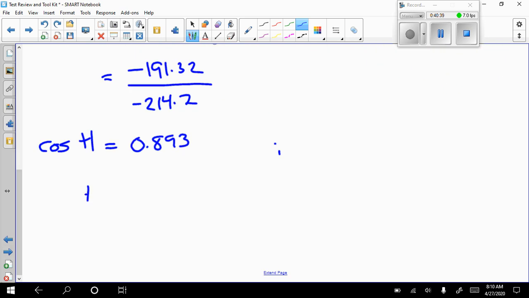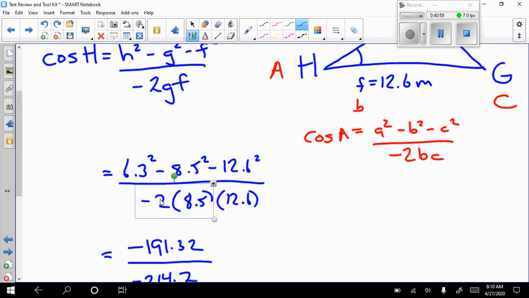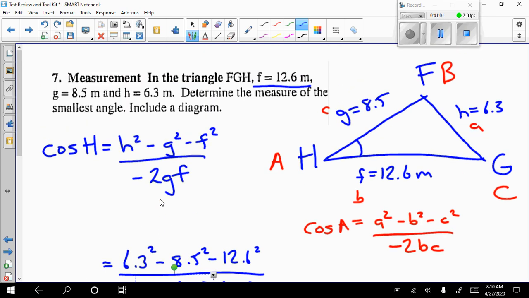Okay, so then h is going to be the inverse cos of 0.893. So I do second function cos, and I get roughly 26.72, or approximately, let's say, 27 degrees. So there's an application question that involved cosine law.